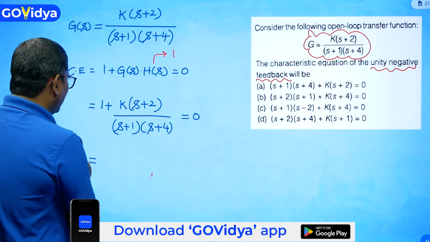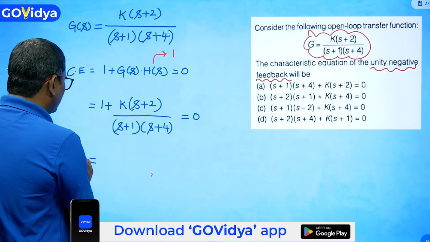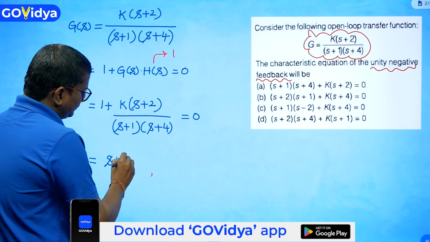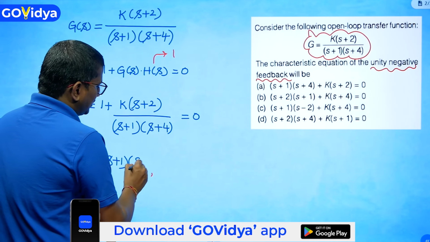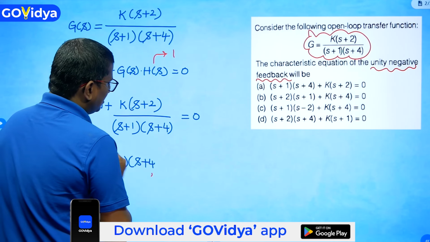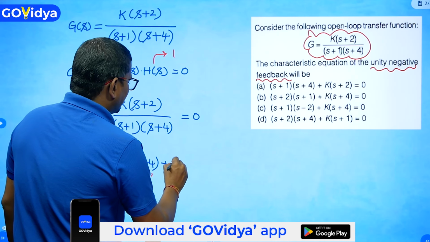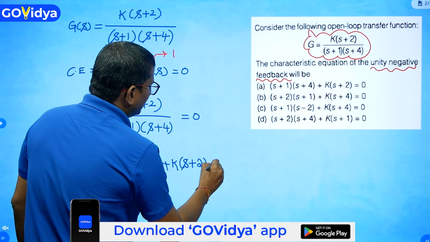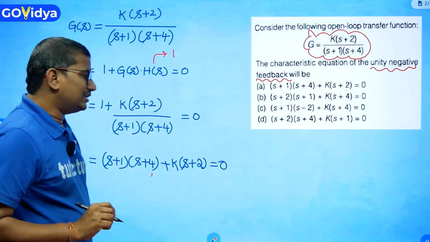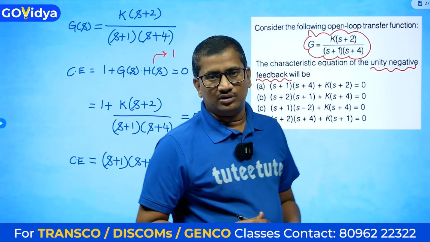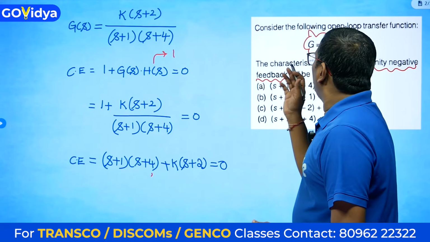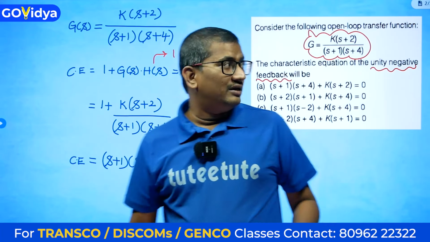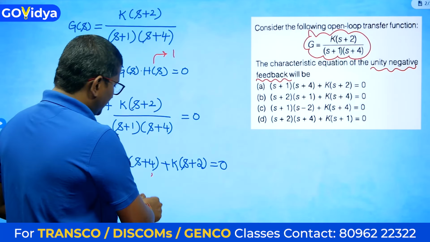The characteristic equation is (s plus 1) into (s plus 4) plus K into (s plus 2) equals 0. This is the characteristic equation of the given open loop transfer function.